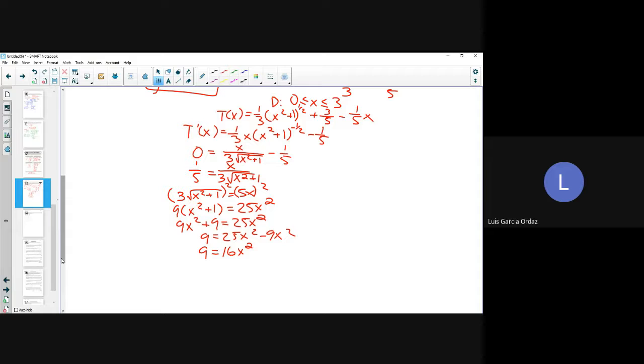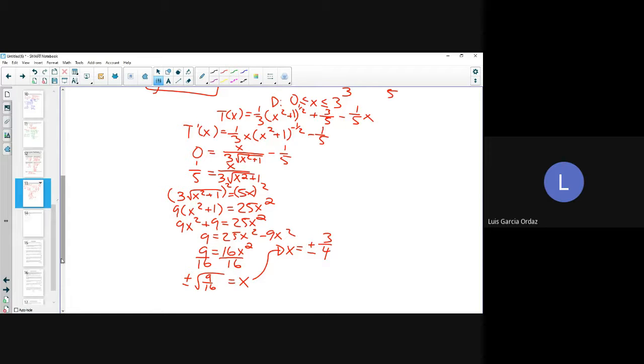And then I can divide both sides by 16. So I get x squared equals 9 over 16, so plus or minus the square root of 9 over 16 is equal to x. And I get x is equal to plus or minus 3 over 4.